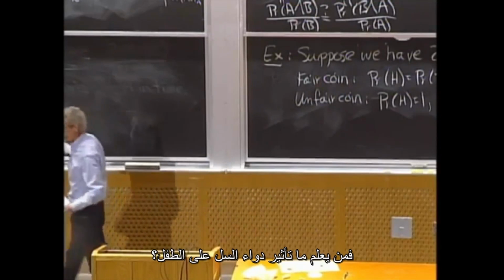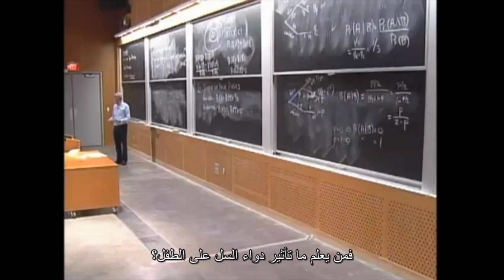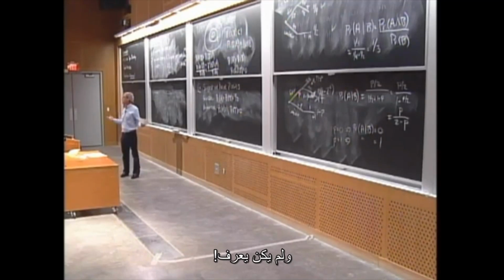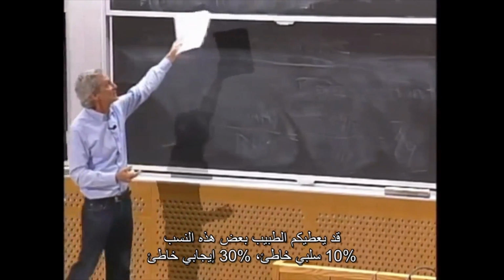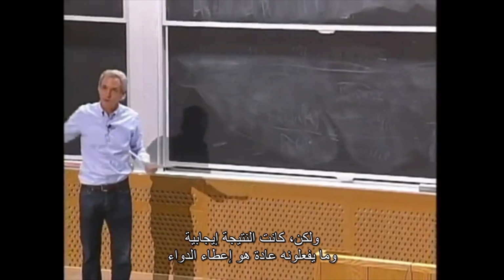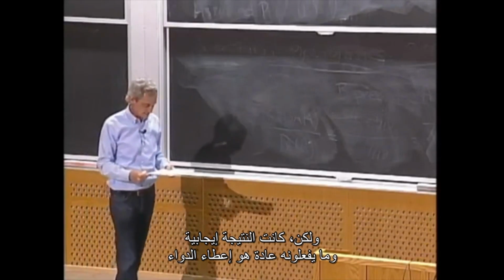Because who knows what the TB medicine does if you have a baby. So she asked the doc, what's the probability I really have the disease? Doc doesn't know, right? And the doc maybe can give you some of these stats, 10% false negative, 30% false positive, but it tested positive, so they just normally give you the medicine.